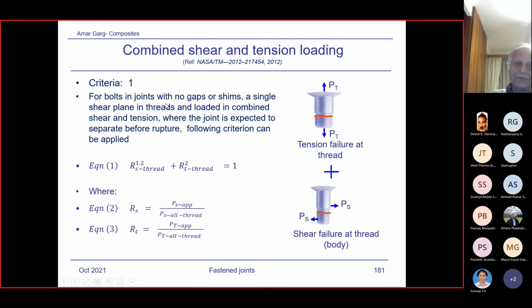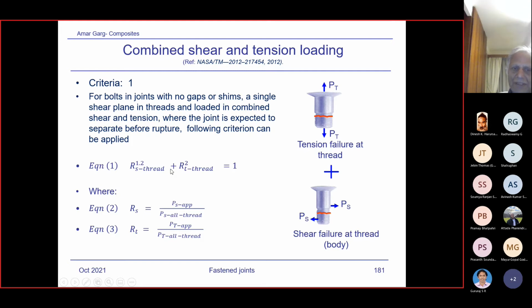So the criteria is for bolts in joints with no gaps or shims, a single shear plane and threads loaded in combined shear and tension, where the joint is expected to separate before rupture. The following criteria can be applied. This I have taken from this report. I might have sent this also to Prof. Dinesh, I think. Otherwise, you can always download it from the NASA website.